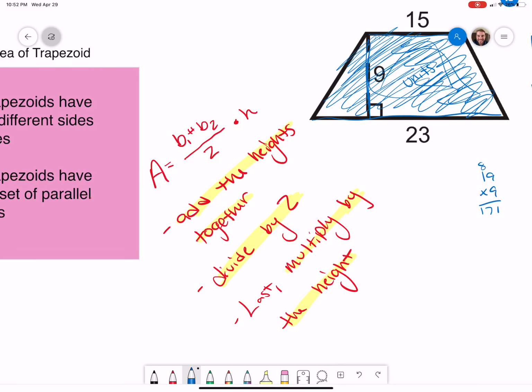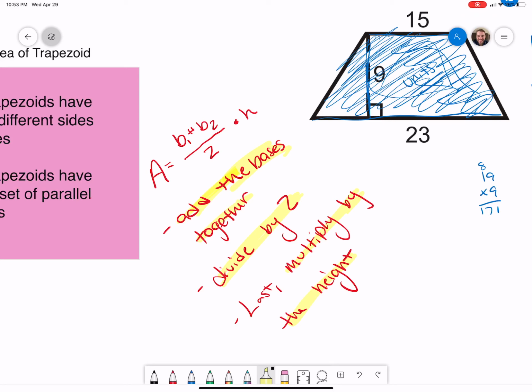I want to go back to this part before I end it. So remember, you have 3 steps. You add the heights together, the bases, sorry. Now I see my mistake, right? Add the bases together. You divide by 2, and then you multiply by the height.